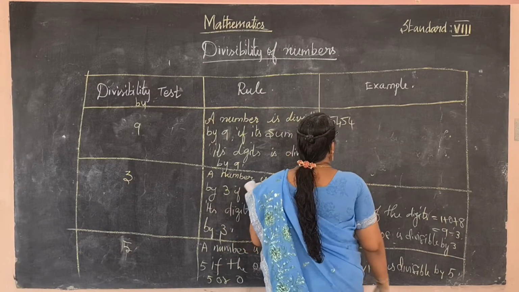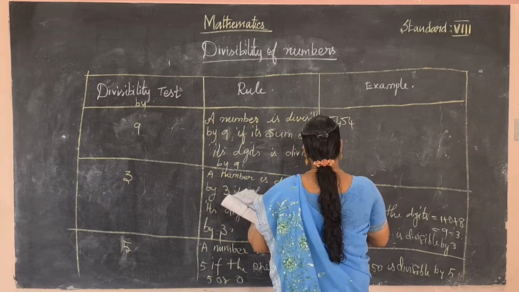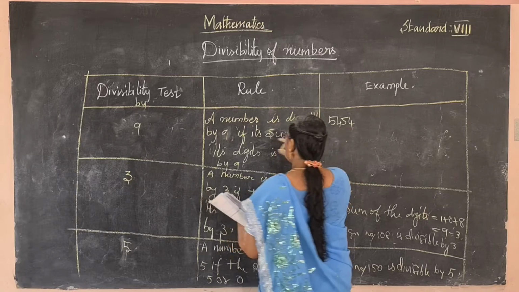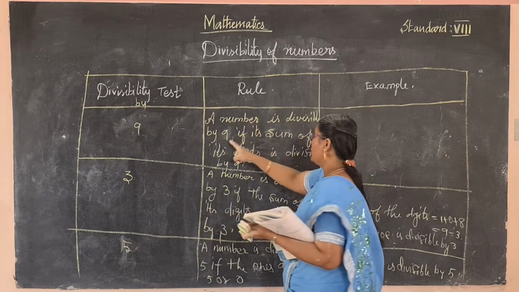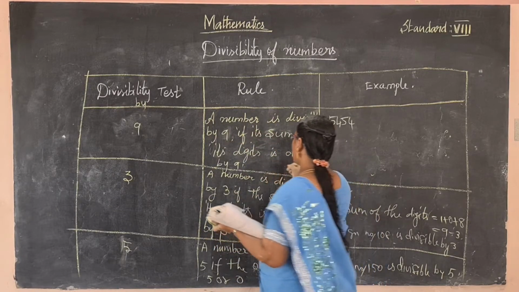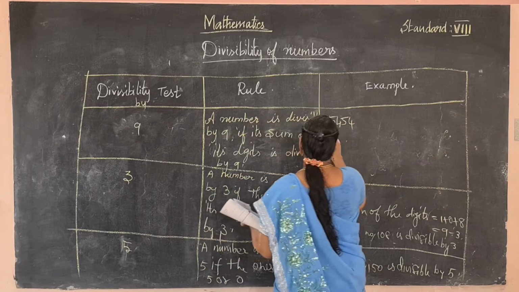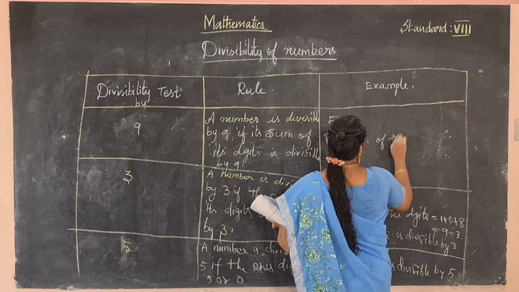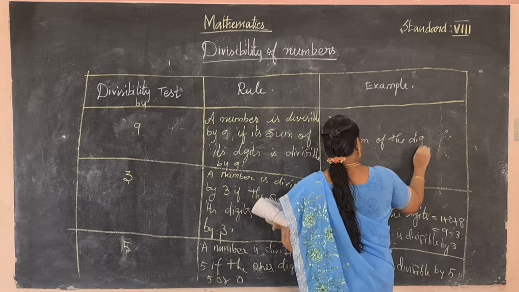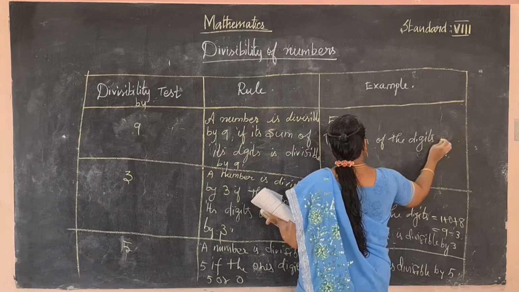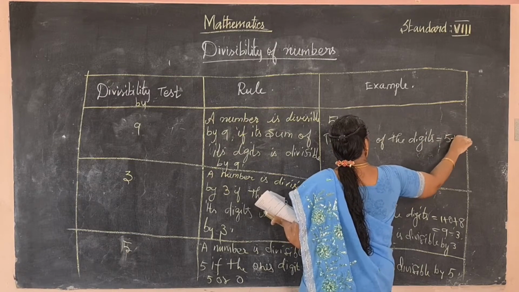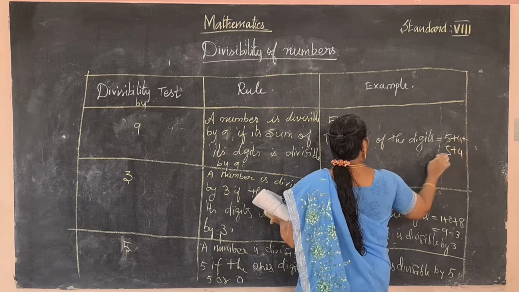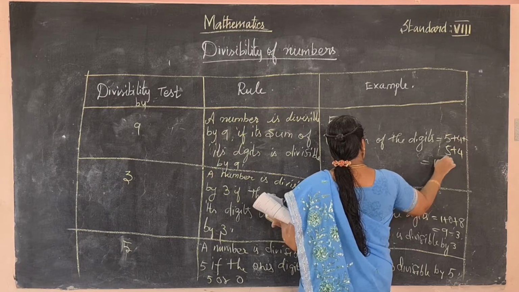Example: 5454. So what is the rule? A number is divisible by 9 if the sum of its digits is divisible by 9. So what is the sum of the digits? 5 plus 4 plus 5 plus 4, so 9 plus 9, 18.